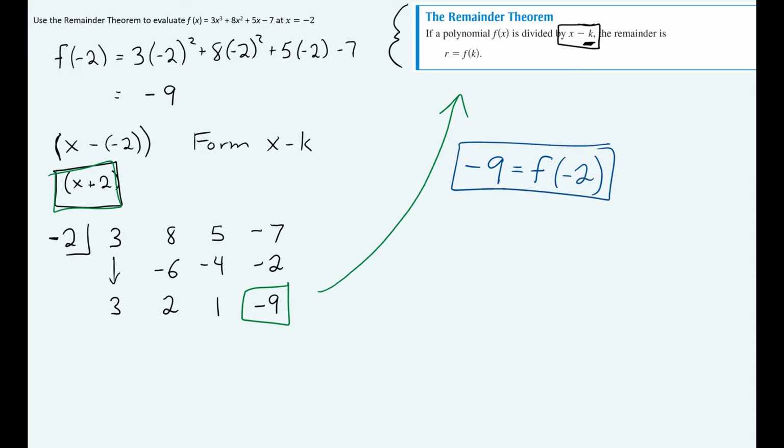By going through synthetic division and looking at the remainder, I found a new way to evaluate my function. As we get good with synthetic division, that is a much quicker route, especially with higher powers and longer polynomials. It takes a while to get through all of that using the calculator or just your mental prowess, but with synthetic division, you can run through that really quickly.